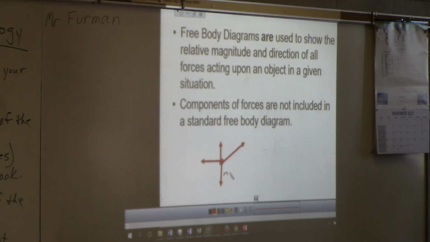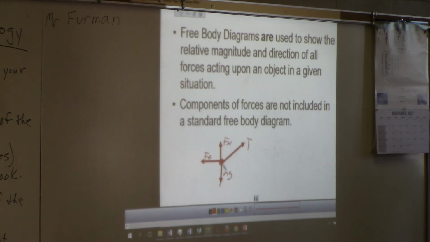Say you have gravity, you've got a normal force, you've got some frictional force, and maybe you've got tension. You're pulling a box on a string. This is what your free body diagram would look like. Actually, gravity should be a little bit shorter, because the length of your arrow indicates the magnitude of the force.